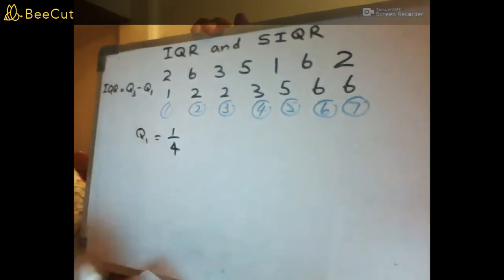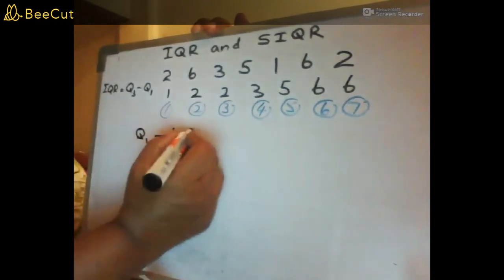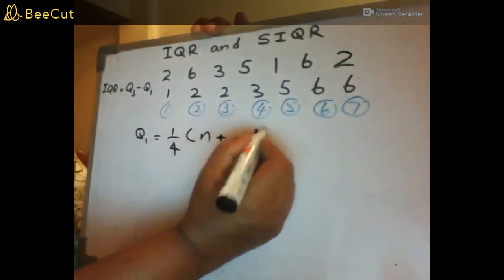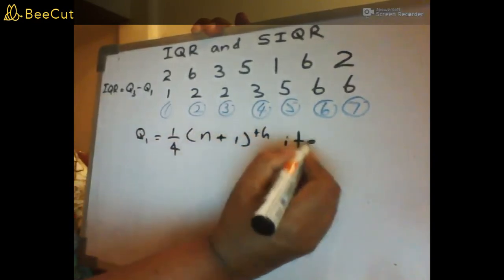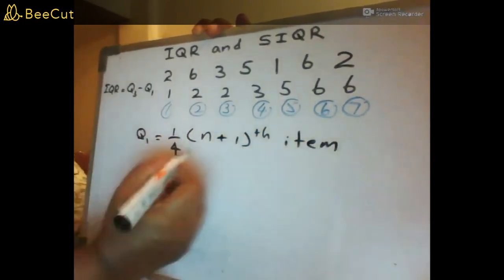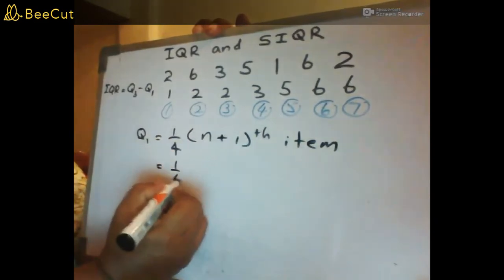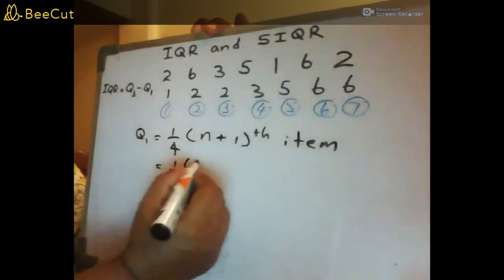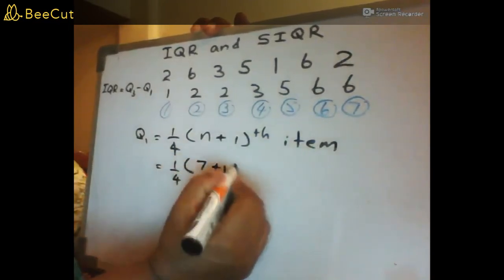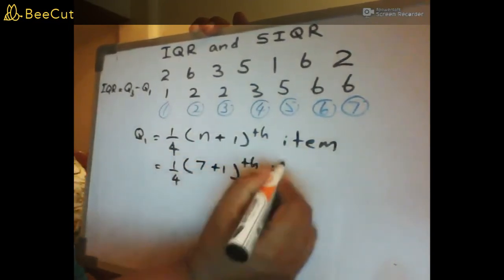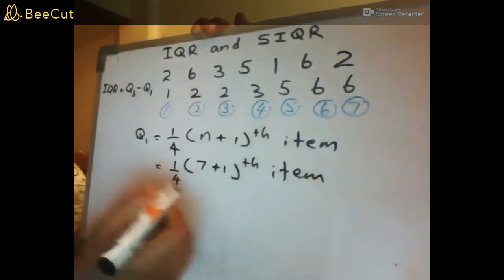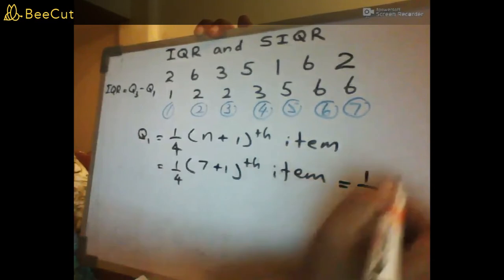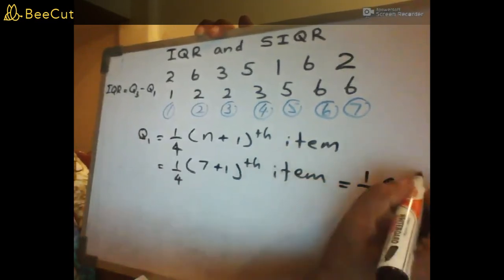So Q1 equals 1/4 into (n plus 1) item. How many values? 7. 7 plus 1, so here it is 8. I'll write it here. 8th item.